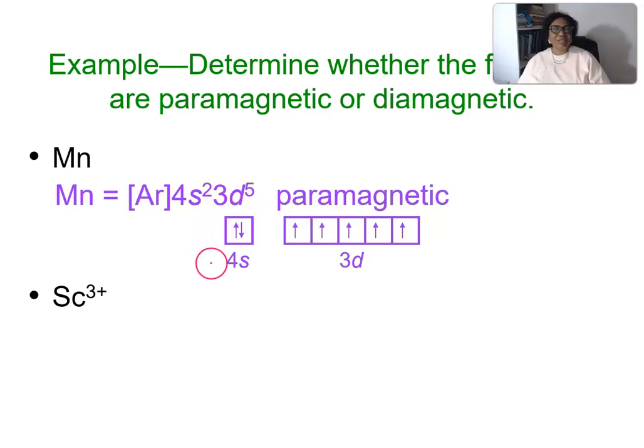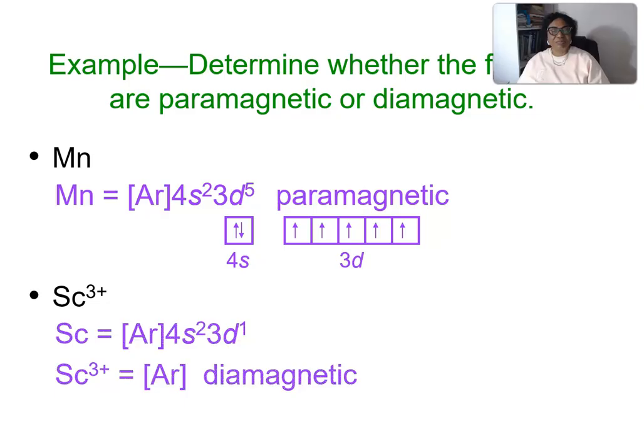Let's look at the orbital diagram of the valence electrons. It has unpaired electrons. So manganese is paramagnetic. Let's look at scandium 3+. This is scandium. To form 3+, it gives this and this. So scandium 3+ is diamagnetic. It doesn't have unpaired electrons.